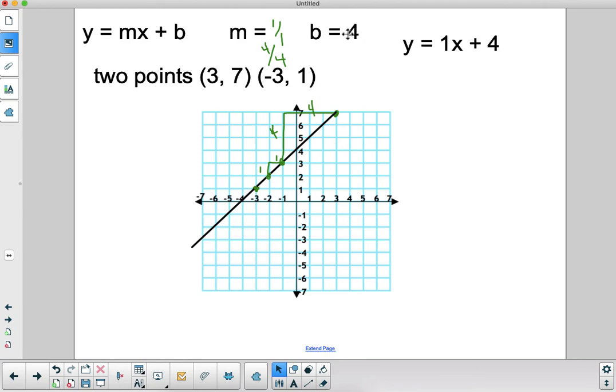And I'm substituting whatever I get for the y-intercept, where it crosses the y-axis, for the letter b. And I just put those into place. If you notice, it lines up right with it. m becomes 1, b becomes 4. So our equation for this one is y equals 1x plus 4.